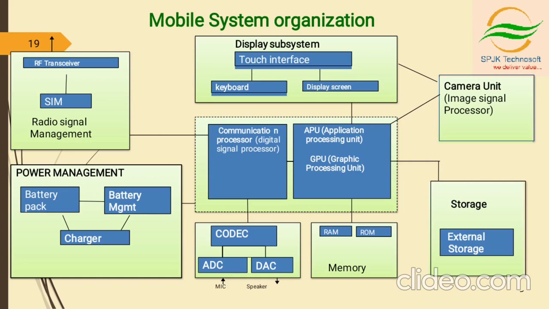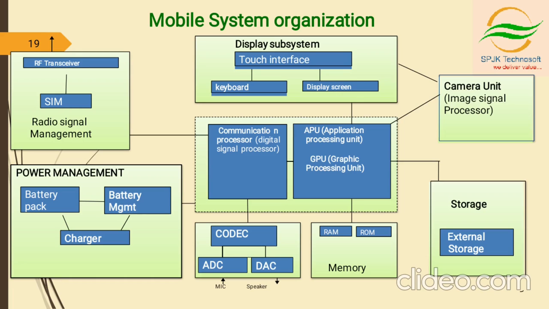And the speaker receives the digital information from the computer and converts it into analog information, and gives it to the user. Because the computer understandable language is digital language, and the human understandable language is analog. So we use the converters, ADC and DAC.